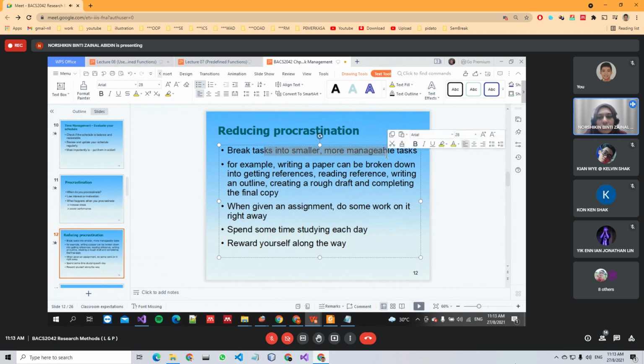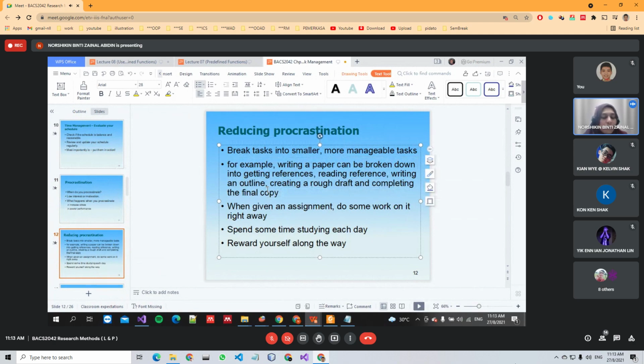So break tasks into smaller ones, so it is more realistic to achieve. For example, writing a paper can be broken down into reference reading, writing, creating, and completing the final copy. If you want to relate this to your assignment now, you need to break it down into small sub parts.